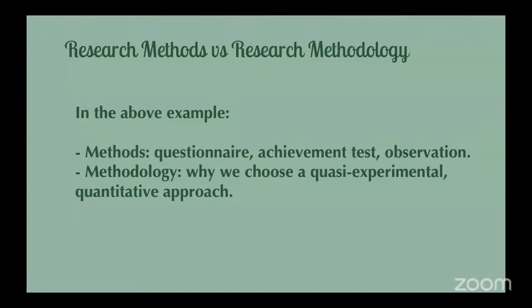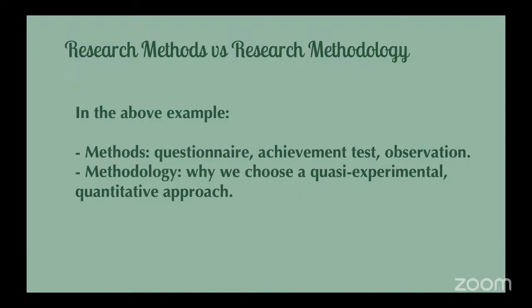Then methodology. As I said, for this kind of example, we usually choose a quasi-experimental quantitative approach where there is no random sampling. We may have a single group or a pre-test post-test group. It all depends. It can be non-equivalent.